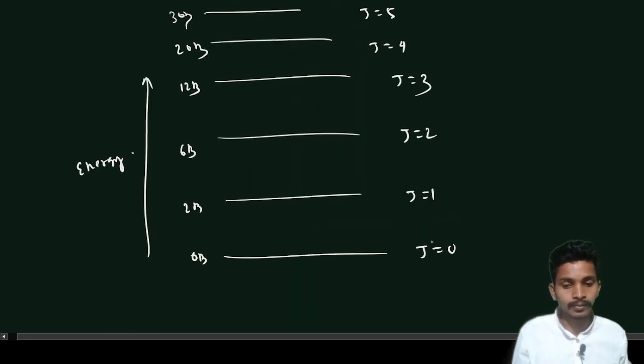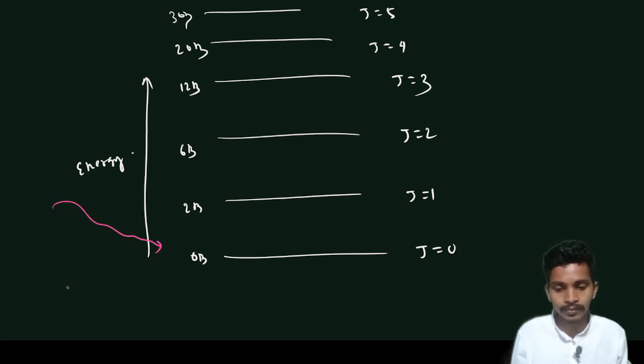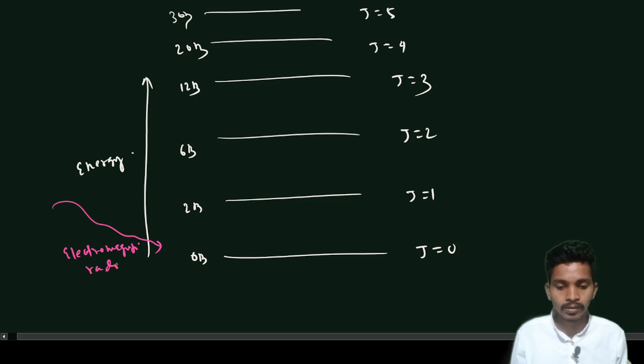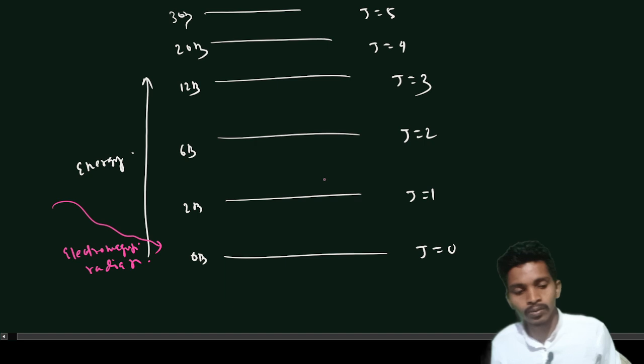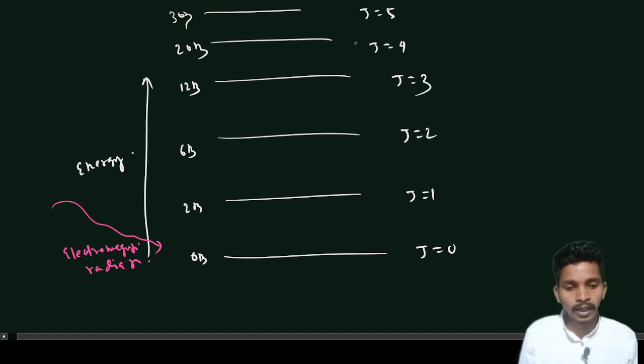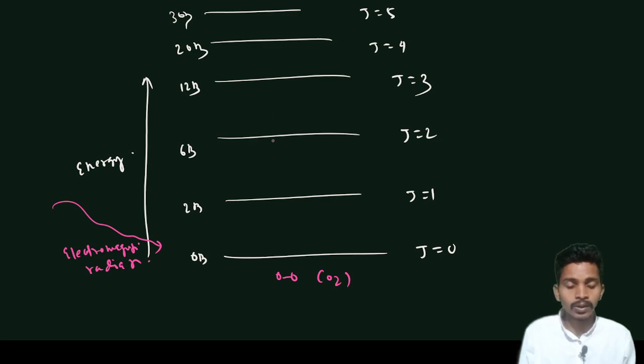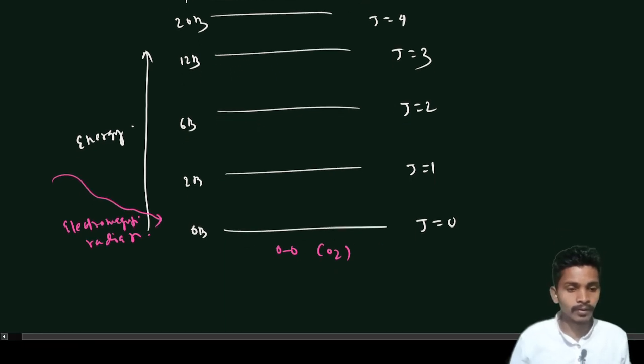So now when I give electromagnetic radiation to J equal to 0, we don't know how the energy is distributed, let's say for O2. How much is it rotating? It may be rotating in a low energy, or in a higher energy, or in a very high energy, that we don't know.